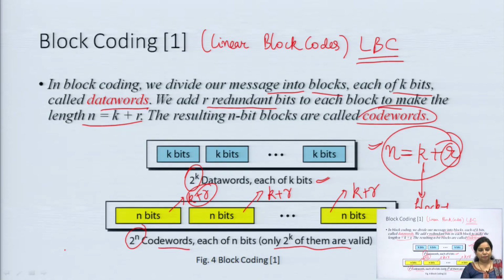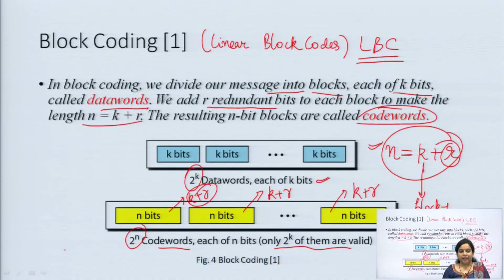So, basically what it says in block coding, whatever number of bits you want to transmit, at the very first step, it will be divided into equal number of blocks, that is known as the k number of bits. Now, each block will be added with the redundant bits, that is denoted by small r.